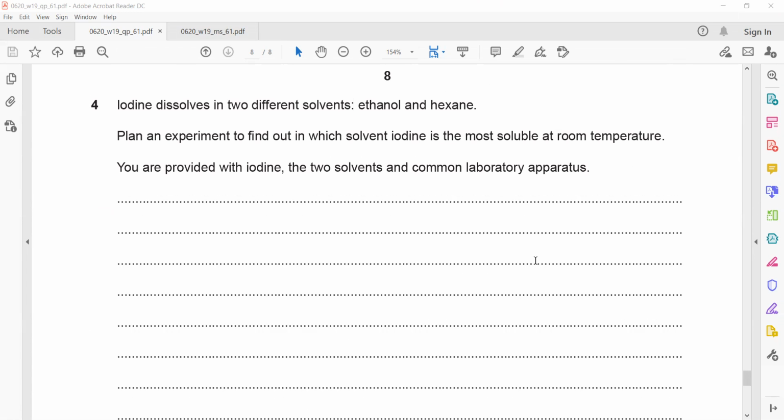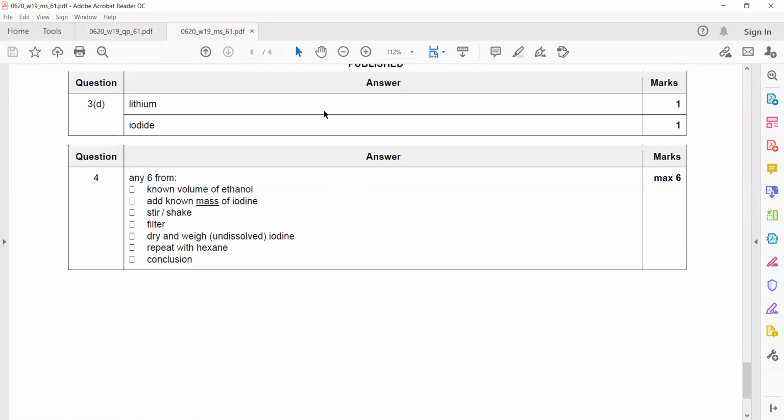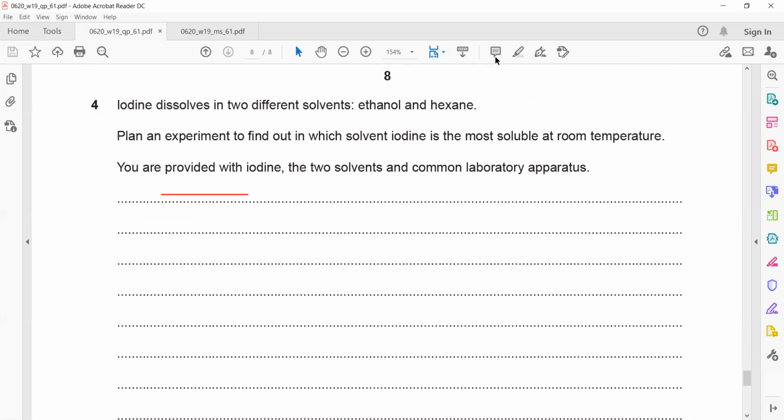So simply you have to find which solvent dissolves the highest amount of iodine. Iodine is soluble in both ethanol and hexane. So the steps: first we take a known volume of ethanol and hexane. We will take equal volumes.